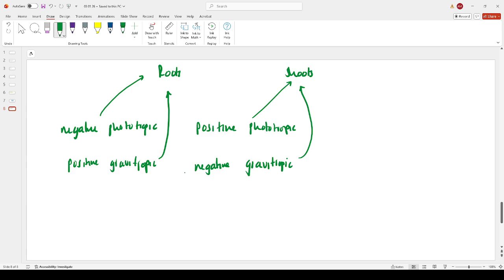What does negative gravitotropic mean? What's the definition for that? Good. Yeah, so you can say grows against or grows away from gravity. What are the two things that these hormones respond to?